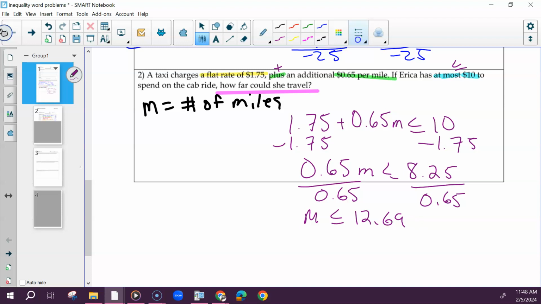Also be thinking, can your answer be a decimal? So like the last one, number of weeks could be a decimal, but we really want a whole number. I think the average amount of children in a household is 3.5 or whatever. Miles can be decimals, so we can leave it as that.